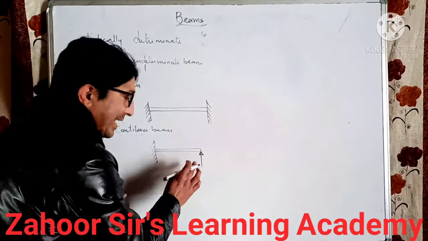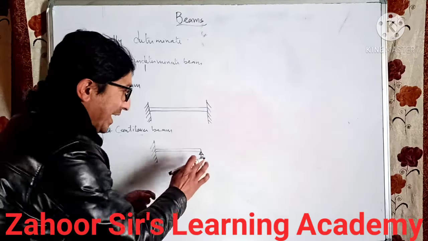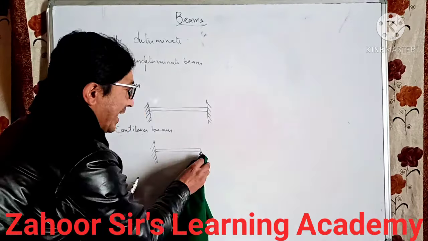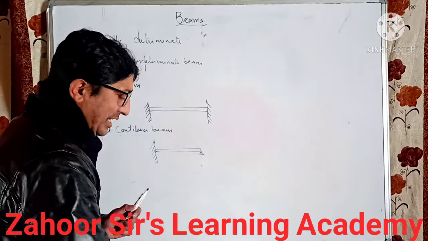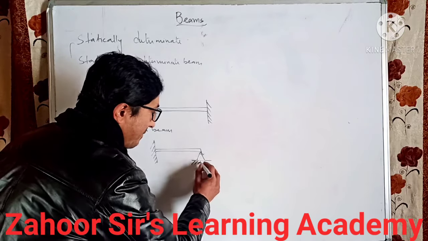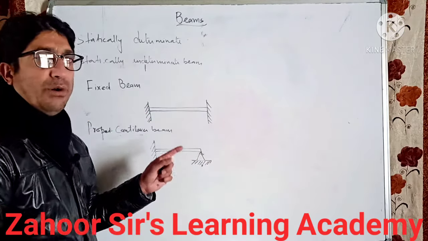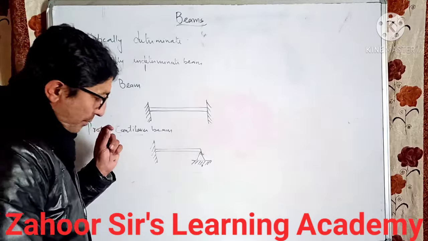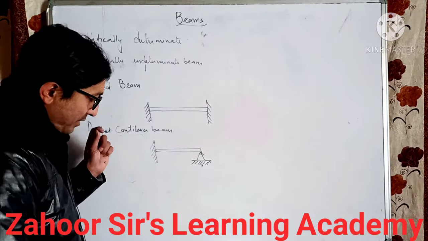So the other end which was free is no more free. There exists a support beneath like this. That type of beam is called a propped cantilever beam.